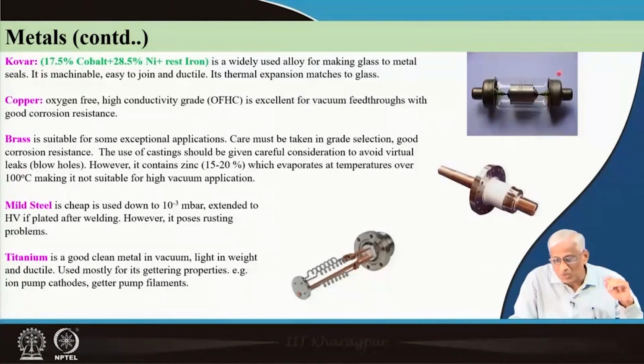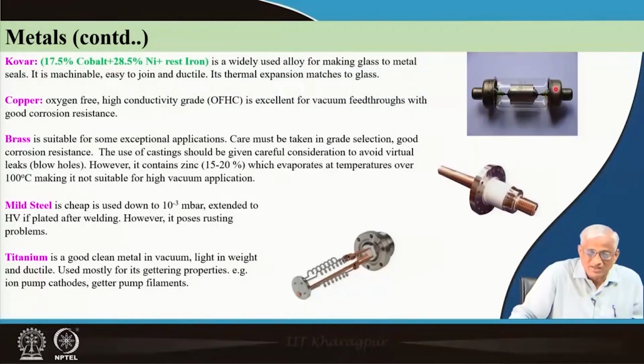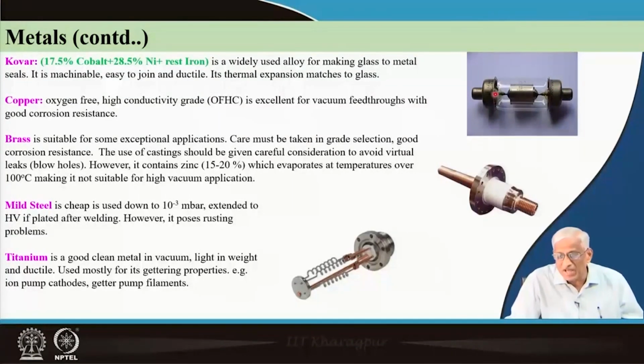So, if you coat a little bit of metallized glass using some specialized techniques, we will see later when we go to the electrical engineering applications, we can have such high vacuum tubes which will retain vacuum for a very long time, years together.